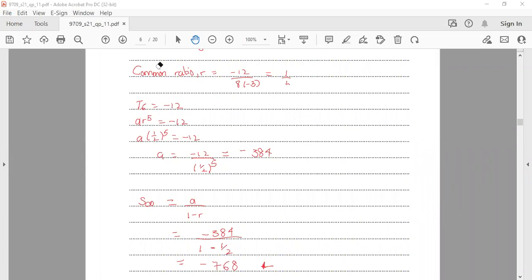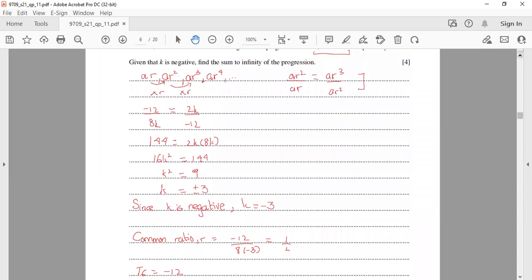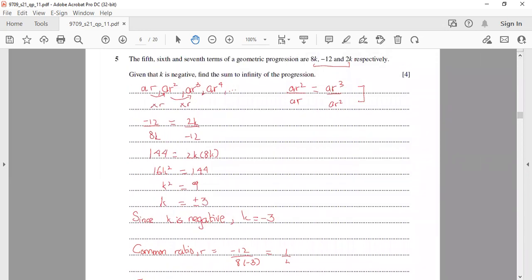Donc, pour cette question, c'est 3 points. So the first point that you score is here, when you form this equation.